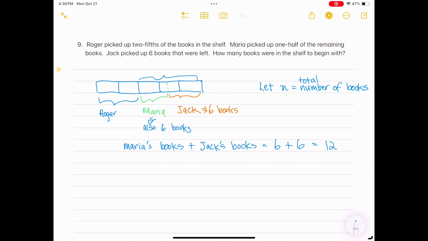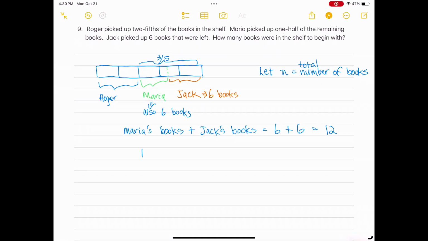And I make note that 3/5 of the total number of books equals 12. 3/5 of the total number of books would be written as 3/5 times n equals 12. So I write the equation as 12 equals 3/5 n. It doesn't matter if you write 3/5 n equals 12 or 12 equals 3/5 n.